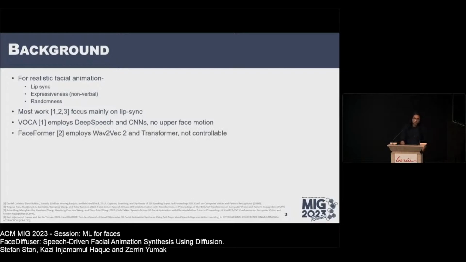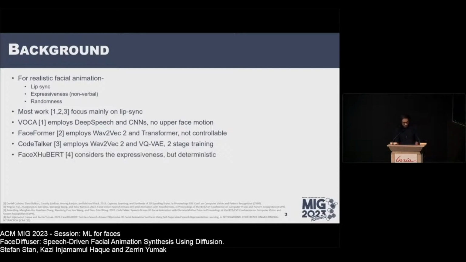Next, FaceFormer employs Wav2Vec2 to encode the audio and a transformer-based decoder, but the animation is not controllable in terms of emotion categories. CodeTalker employs Wav2Vec2 too, and a VQ-VAE method, but it is a two-stage training in which in the first stage they try to learn a prior, and then they use the learned prior in the second stage, which is computationally expensive and complex in terms of the network.